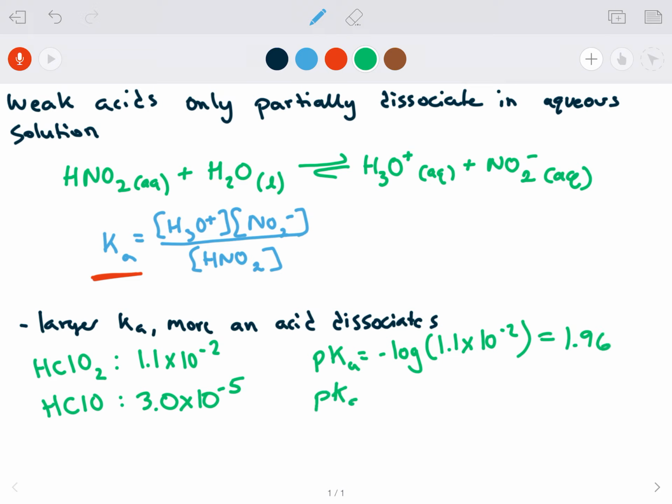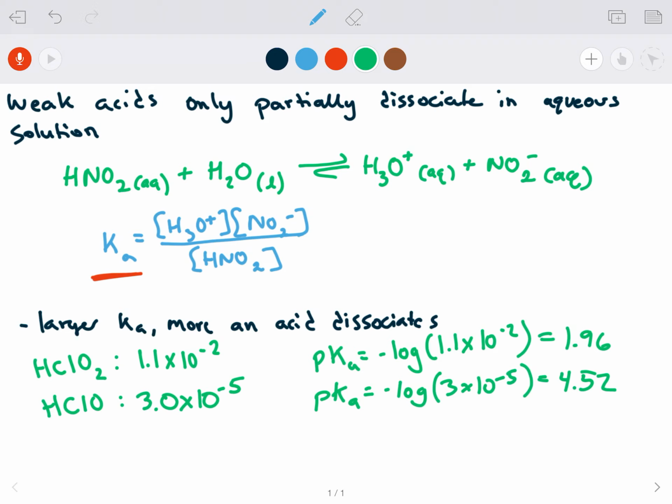And then the pKa of HClO would be negative log of 3 times 10 to the minus fifth to give 4.52. So you can judge how acidic an acid is based on its pKa. The lower the pKa, the more acidic an acid is. So HClO2 is going to be more acidic than HClO.